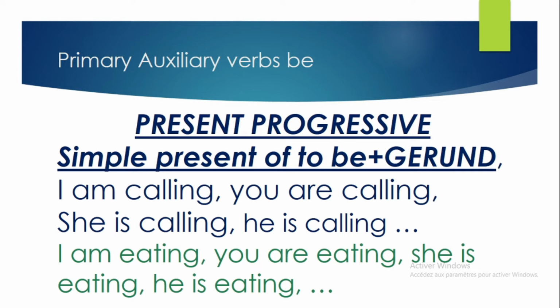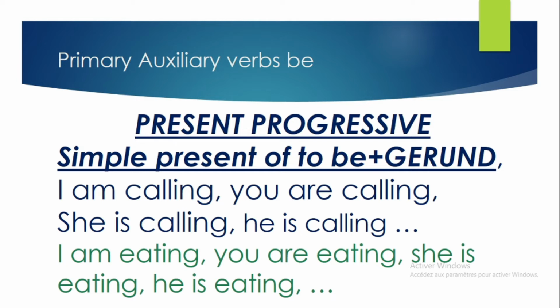So now we're going to use the verb to call. And I'm going to use the progressive aspect. For the present progressive, I am using the verb to be at the simple present tense plus the gerund of the verb to call.